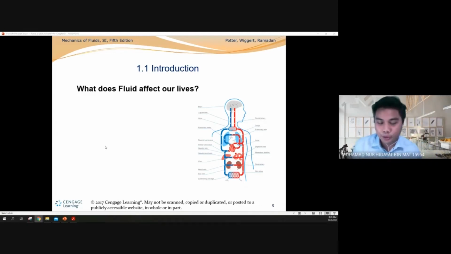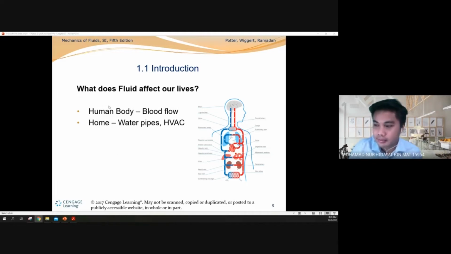The blood circulation, the air we inhale and exhale, all these movements of fluid are directly related to fluid mechanics. For example, in the human body, you can see the red oxygenated blood and the blue deoxygenated blood.